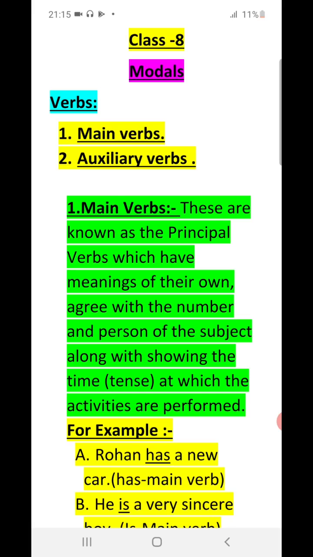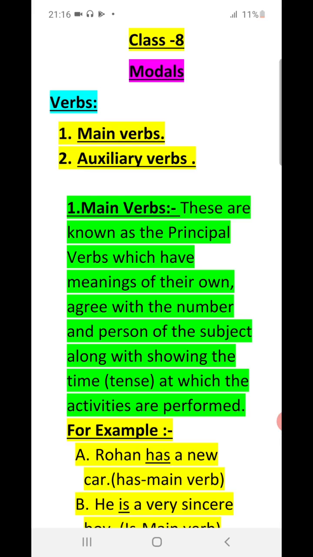They can bear a specific meaning if they are not being provided with any kind of helping word. So they have meanings of their own.